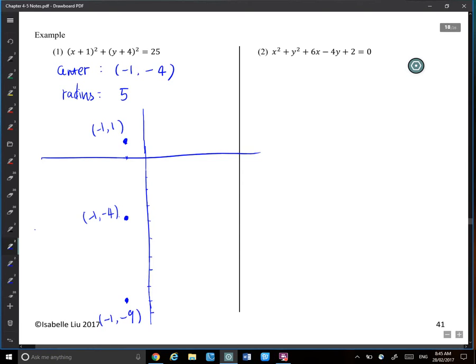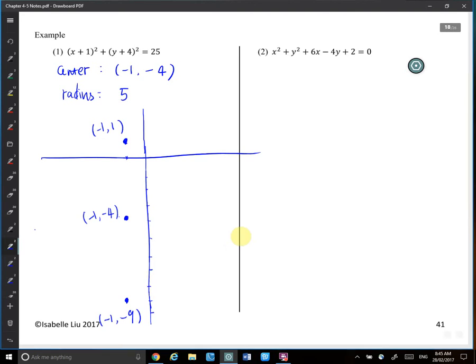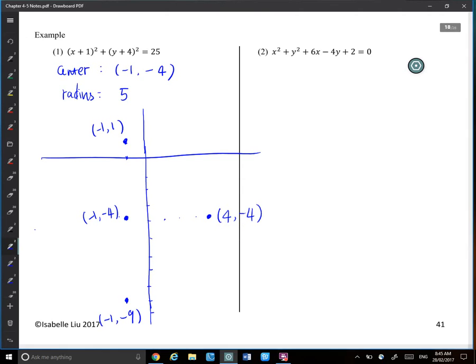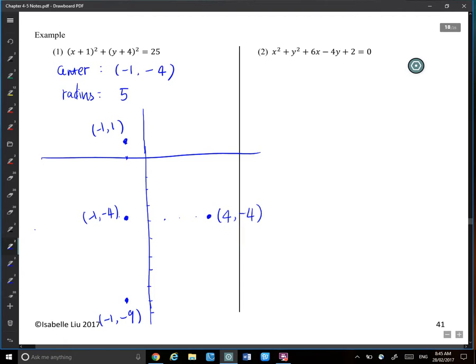Then you will go right for 5 units. 1, 2, 3, 4, 5. Let's say the point is here. That's plus 5, so minus 1 plus 5 gives you 4 and minus 4. And go left by 5 units.